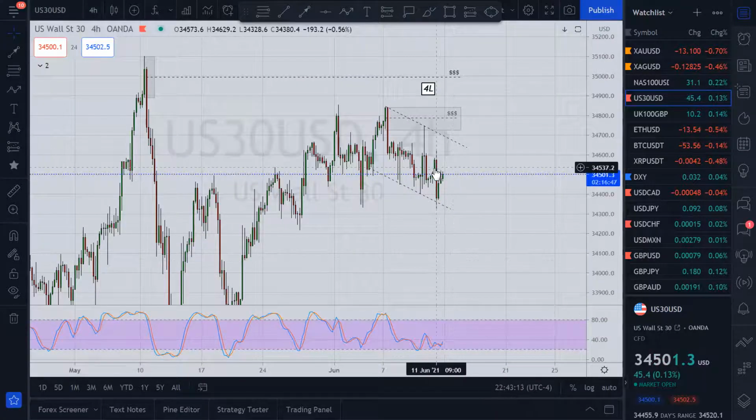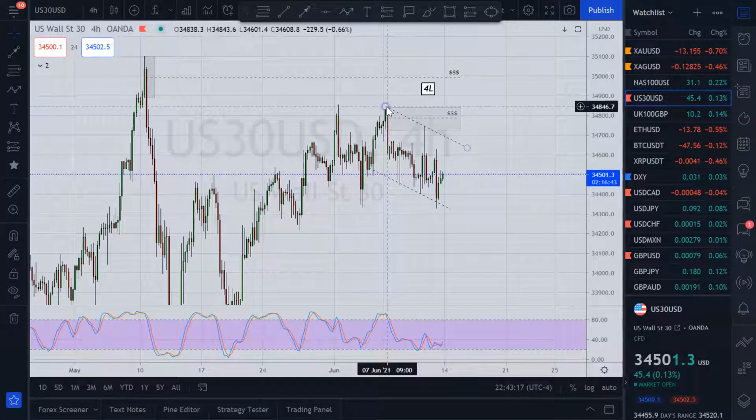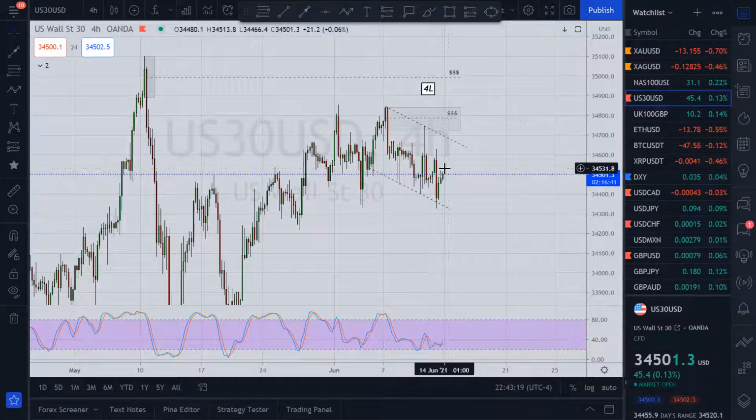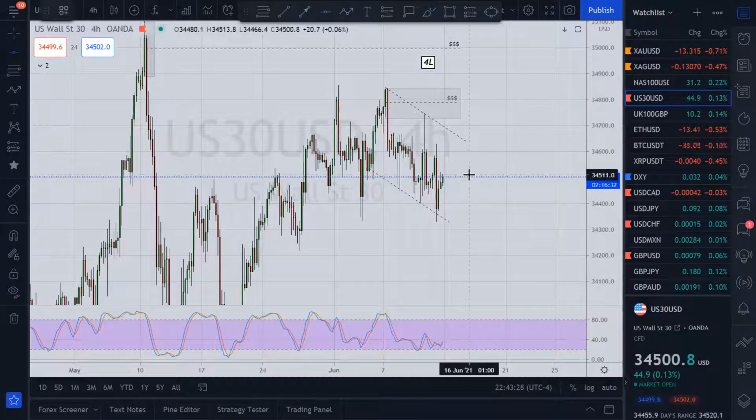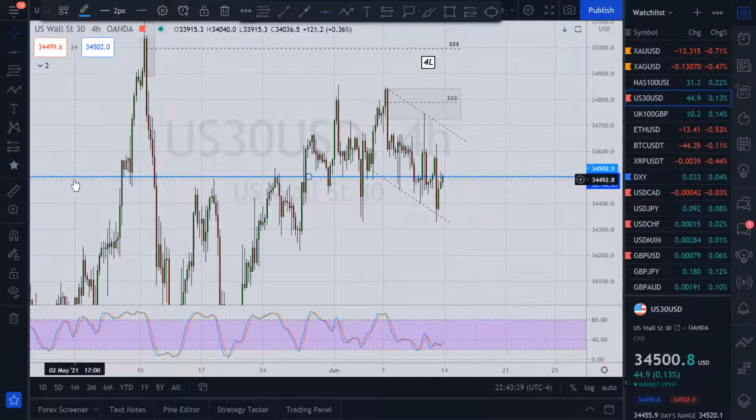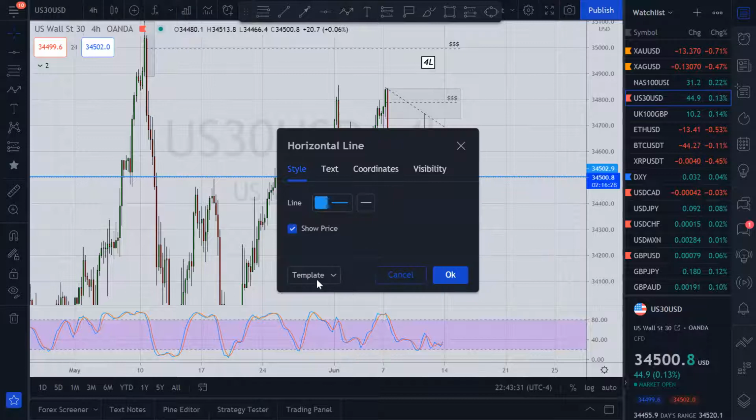Look, it showed some weakness towards the end of last week, and I'm not sure if that weakness will stay with us, because you see this area here. This is a nice area. What is this?